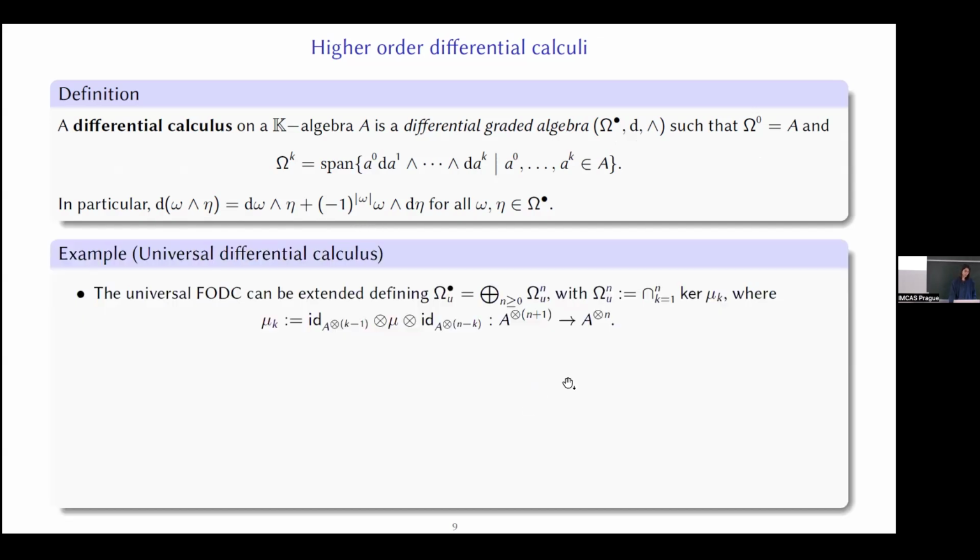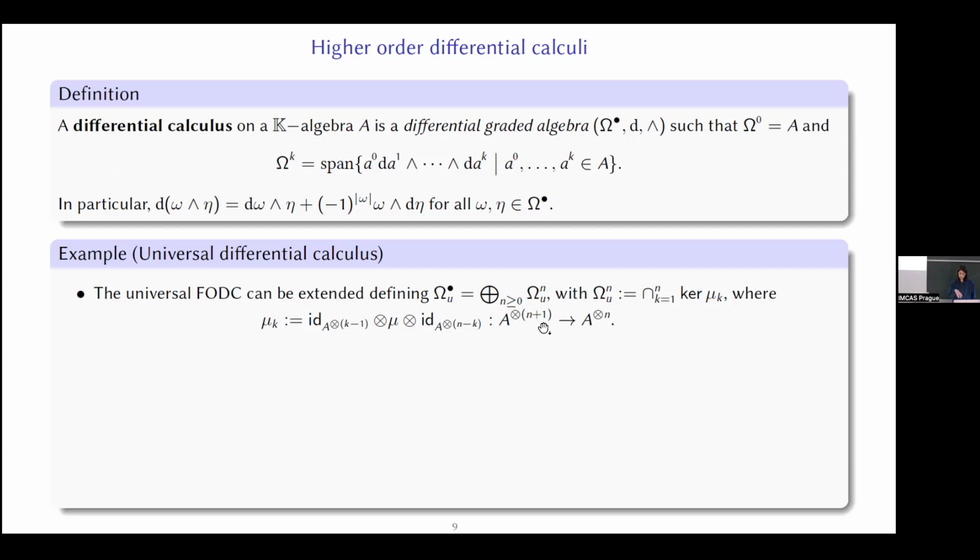For example, we can take this, which is called the universal differential calculus, and you take as a graded vector space the direct sum of these Ω^n, which are defined as the intersection for k going from 1 to n of the kernels of these μ_k multiplication maps, which multiply the kth and the (k+1)th tensor factor of the tensor product of A with itself n+1 times.